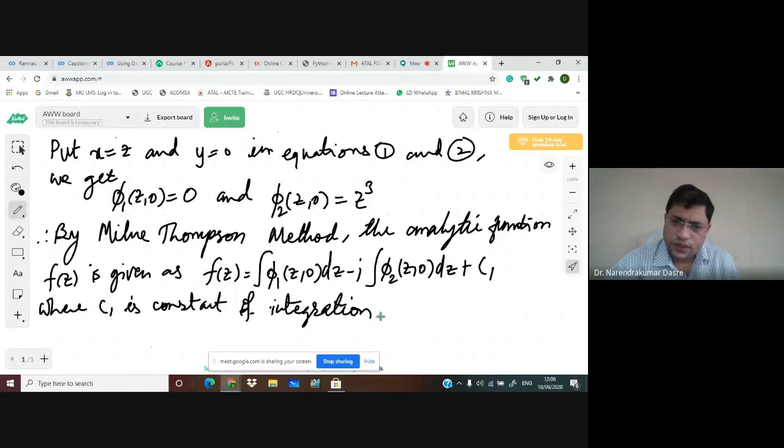Now we have phi1 of z0 is 0, phi2 of z0 is z cube.